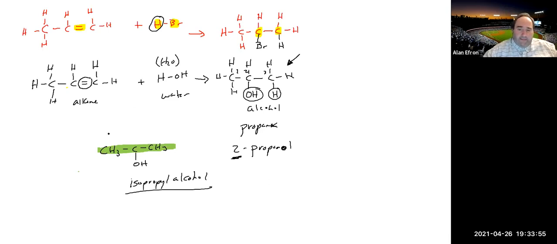Now, we talked about sort of classifying alcohols. Again, we can classify our alcohols as primary, secondary, or tertiary alcohols. And again, it's kind of the same thing. Primary alcohol means that the carbon with the OH group is attached to one other carbon.